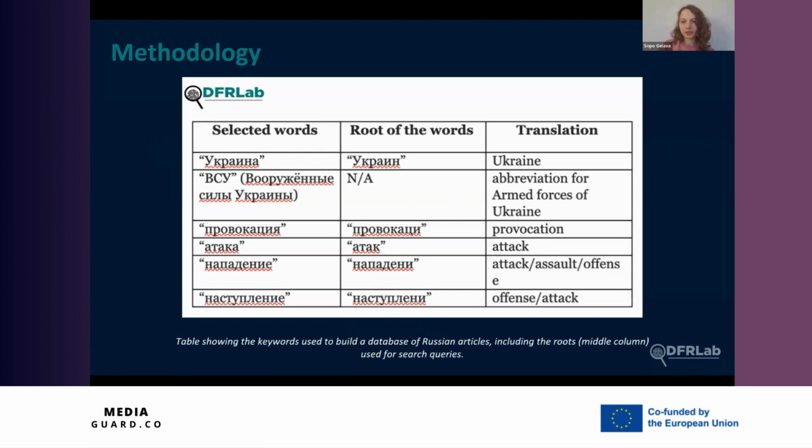These were the keywords we analyzed. Of course, because of Russian grammar, we used the roots of the words: Ukraine, the abbreviation for Armed Forces of Ukraine, provocation, and three different words that were frequently used in Russian media to describe attacks. So attack, assault, offense, attacks, different words in Russian.